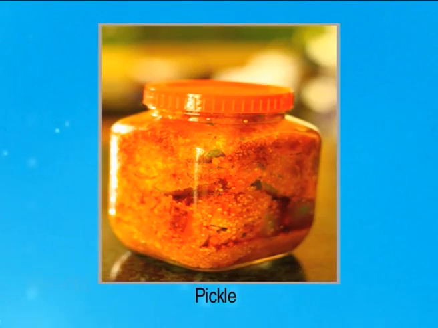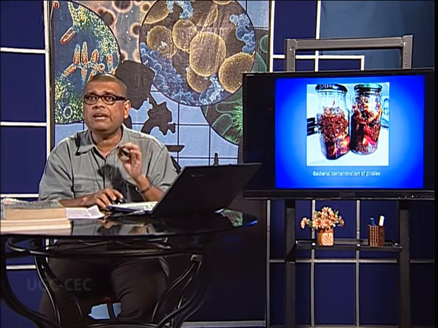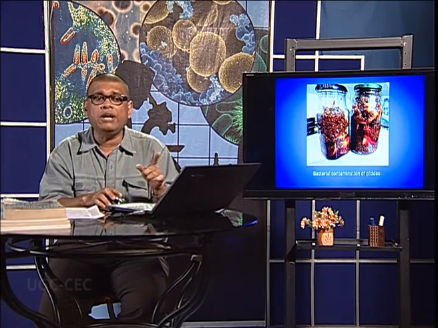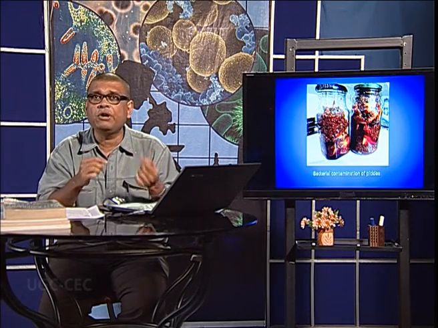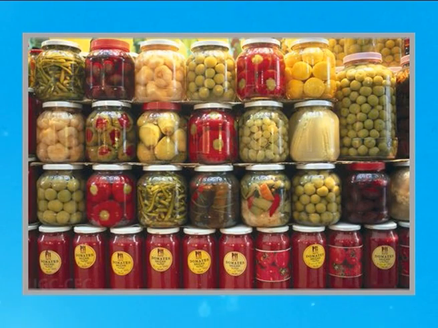This pickle may be contaminated by mold or fungi or even bacteria, which is already there in the fruit or the vegetable from which the pickle is made. And because of poor storage, this bacteria will grow. And what is the remedy then? The most common remedy is to ensure the quality of the product which we produce and increase the amount of preservative, maybe through acetic acid, because acidic pH will reduce all these contaminating organisms.